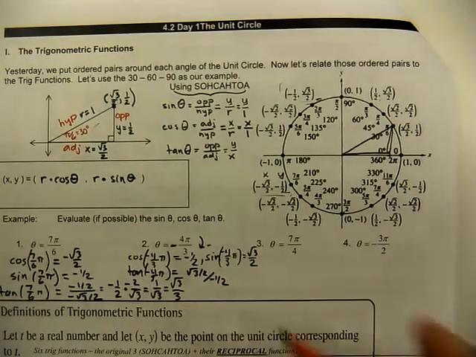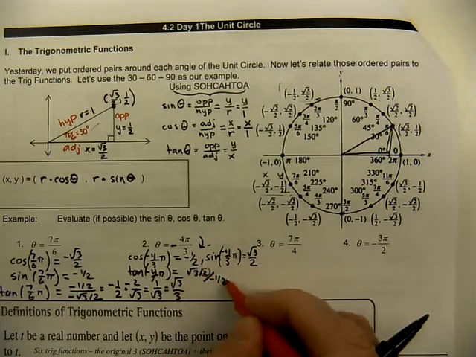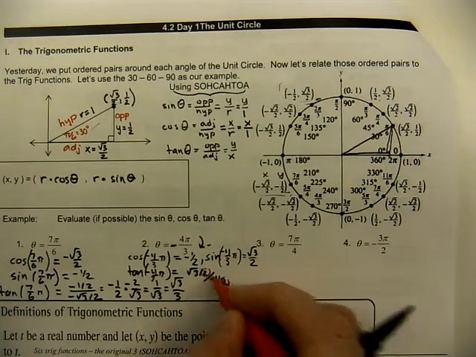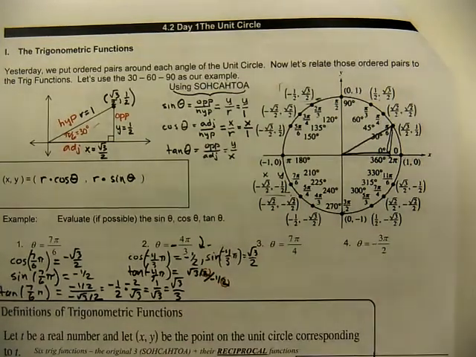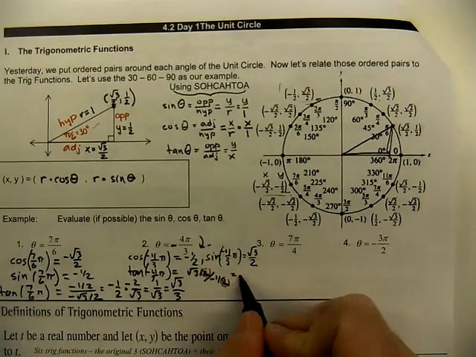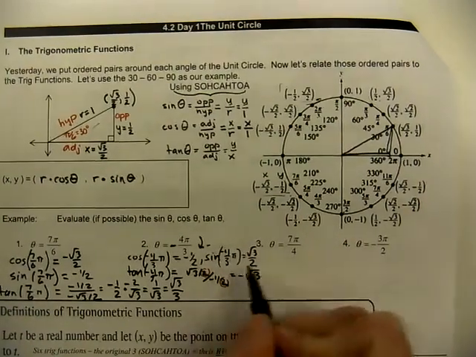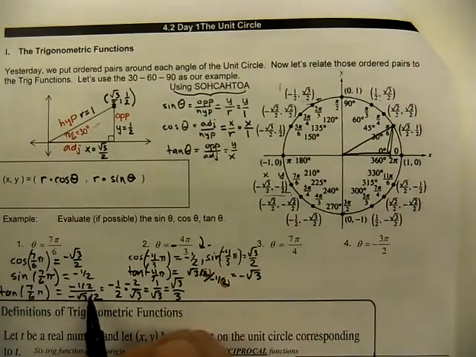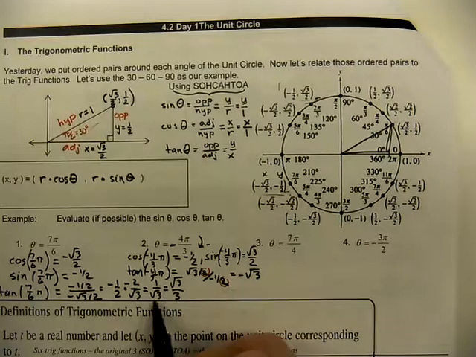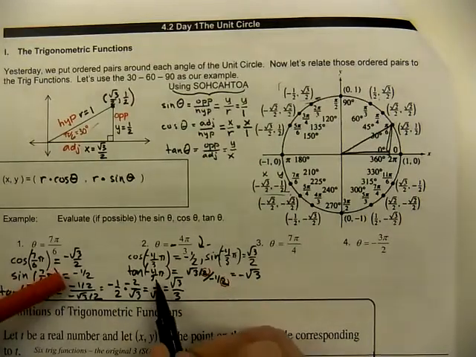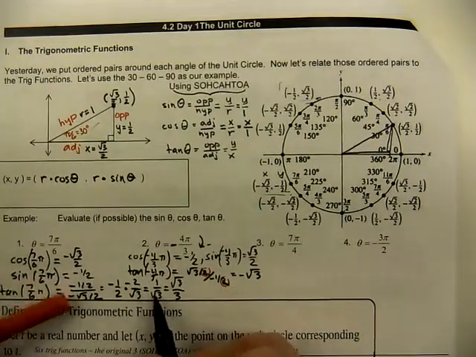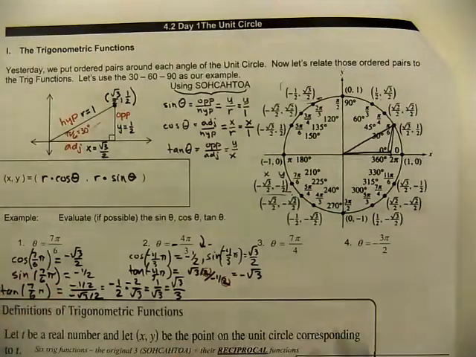Notice both of these denominators have the same 2, so a shortcut is to just cancel out both denominators, and that gives you a result of negative root 3. We could have done that over here if we had picked up on that, right? Notice both of those denominators have the same denominator of 2. We could cancel that out directly and jump to this step. You'd have a 1 on the top, a root 3 on the bottom, and then you still have to rationalize.